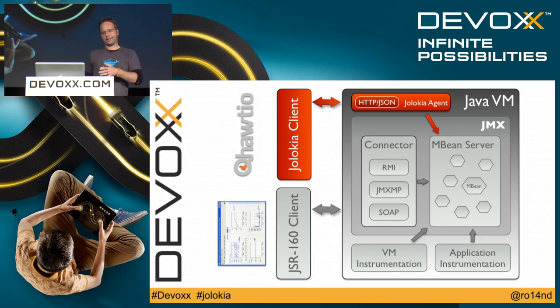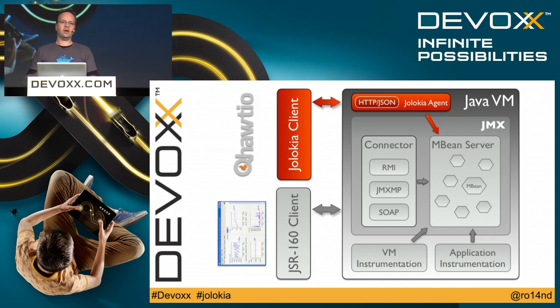And on top of that, this HTTP and JSON protocol obviously opens up a whole new world of possible clients. So any client that speaks HTTP and JSON, and every language out there has support for this, can now access JMX. Yes, and one prominent client here is hawt.io. It's an HTML5 console, which I'm talking about in some seconds.